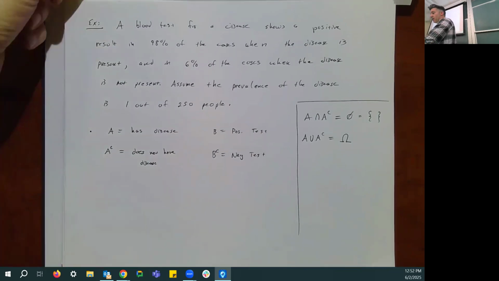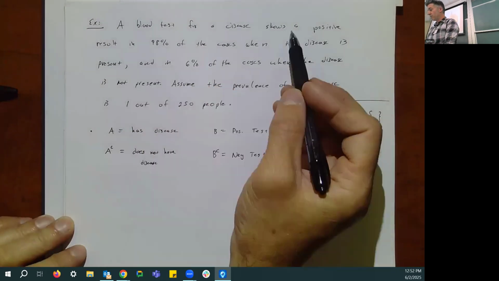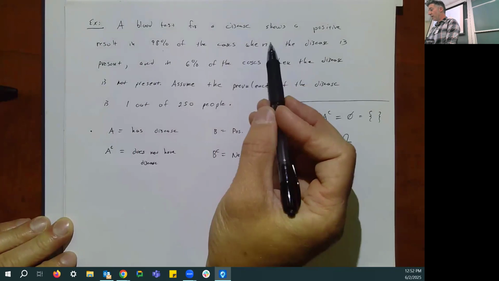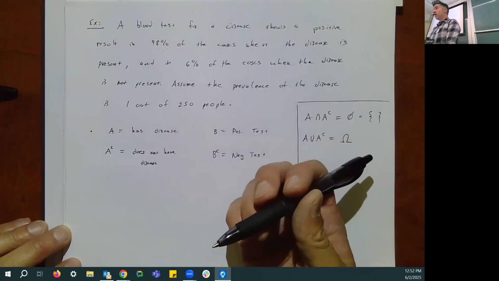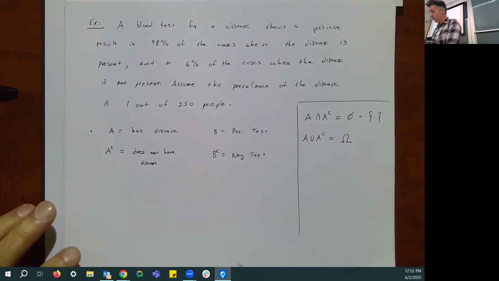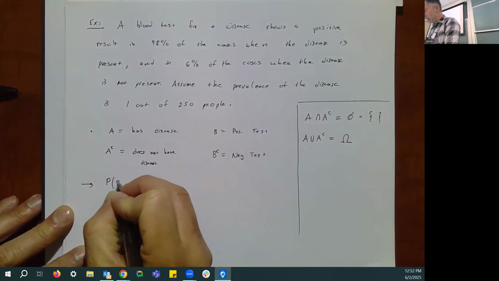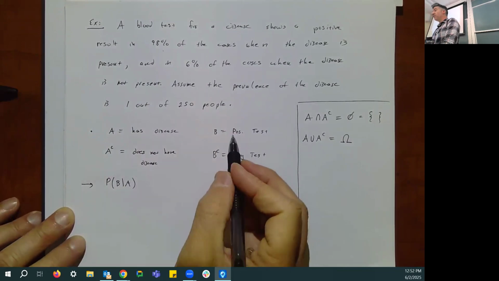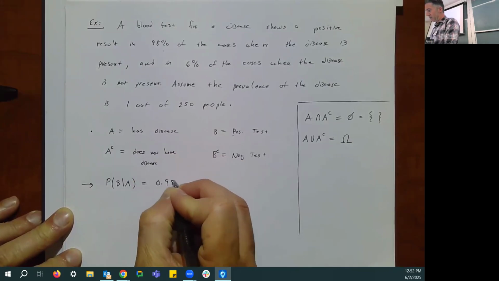So here are the things we know so far. A blood test for a disease shows a positive result in 98% of the cases when the disease is present. That is a conditional probability statement. They have told us it is given that the person has the disease, and we're being told the probability of testing positive is 98%. So the probability of B given A, probability of testing positive given that they have the disease, is 0.98.